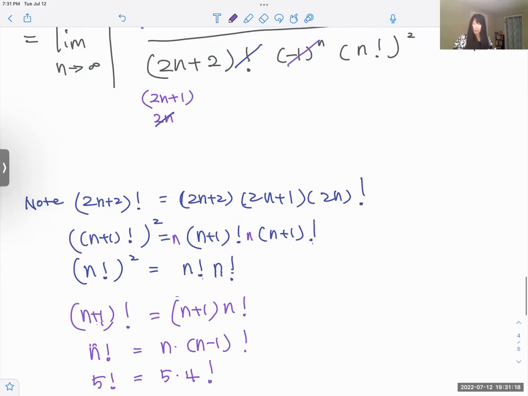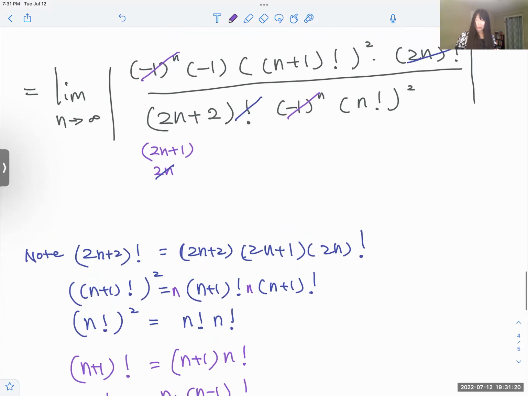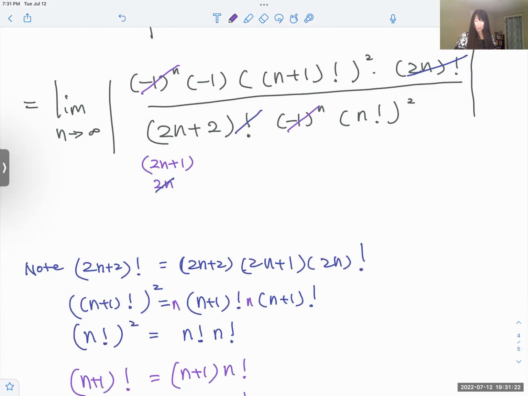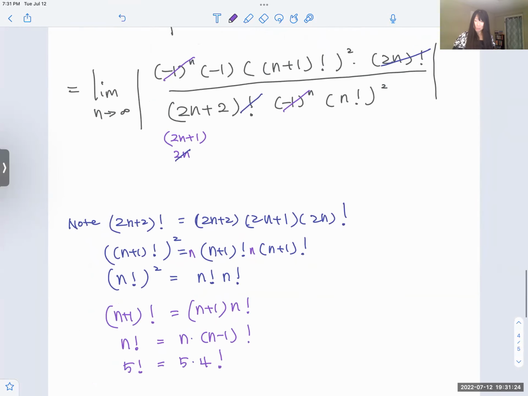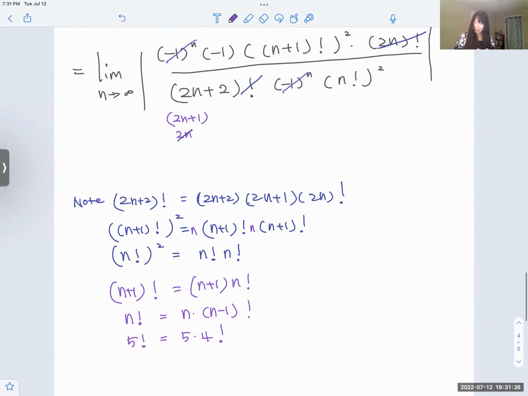All right, then. Let's write a little bit smaller so that I can see that.